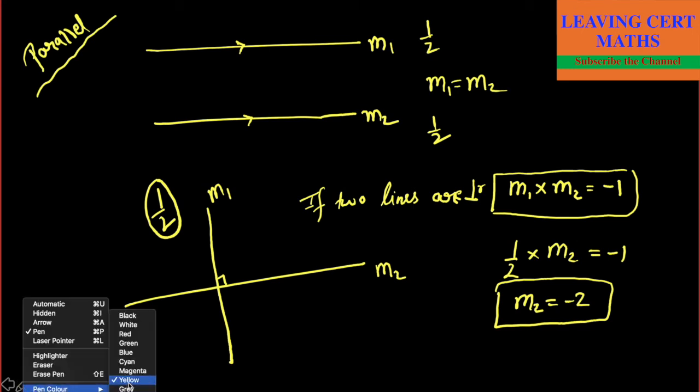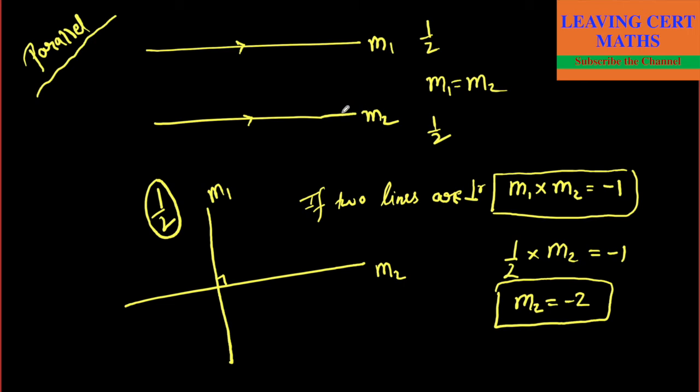Now there is a short trick. You don't have to use this equation all the time. If the lines are perpendicular and the slope of the first one is half, then the slope of the next line will be, switch this and change the sign.